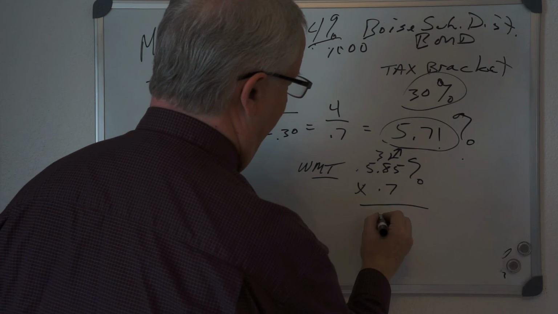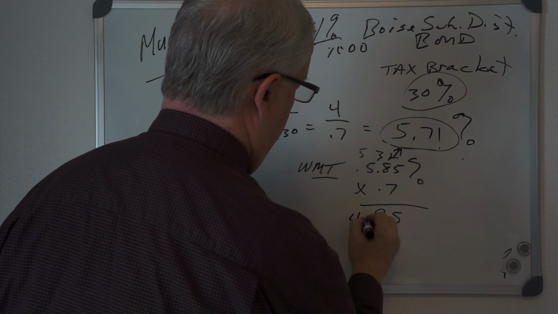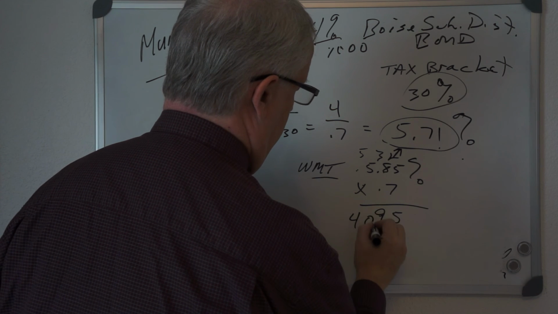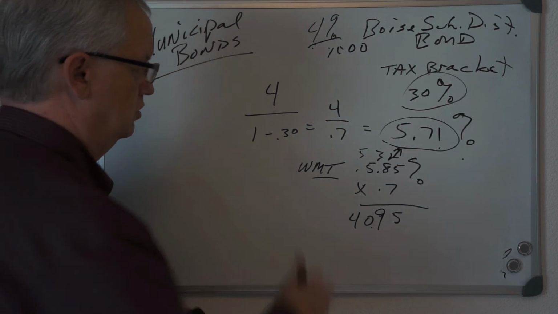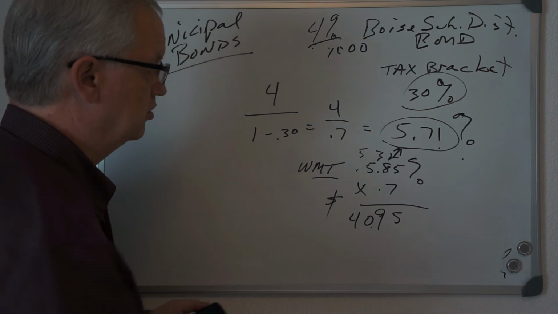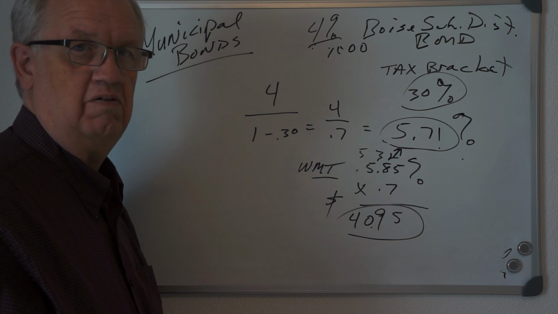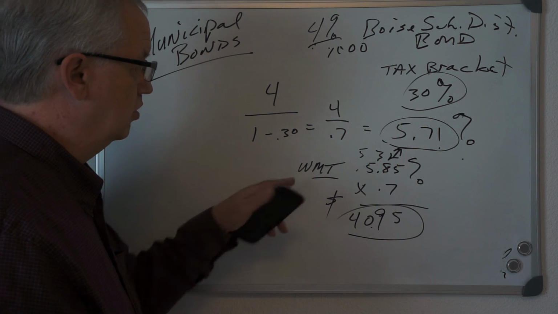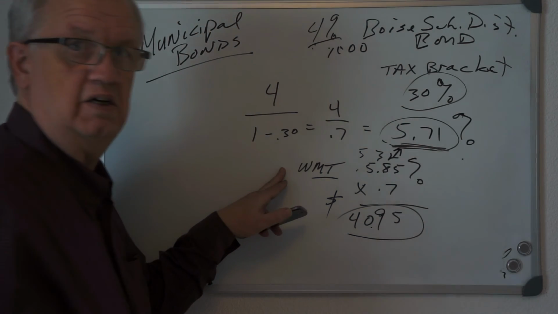Bear with me. There you go. After taxes, this person is going to have $40.95 for every bond if he goes with the Walmart, because it's better than the tax equivalent.